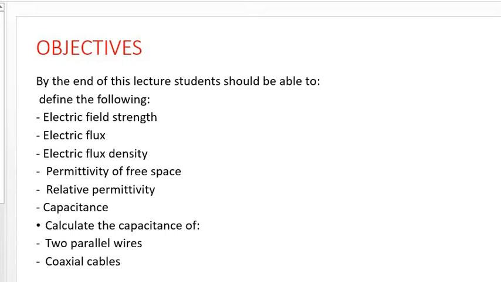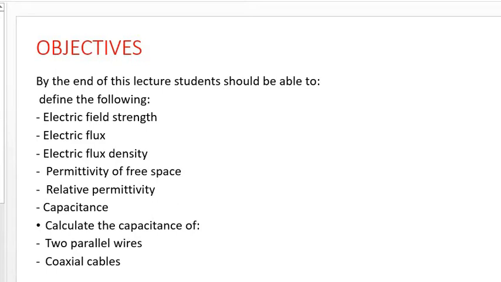So we should be able to define what is an electric field strength, electric flux density, permittivity of free space, relative permittivity, capacity, and capacitance. Those are key definitions which we are expected to know.